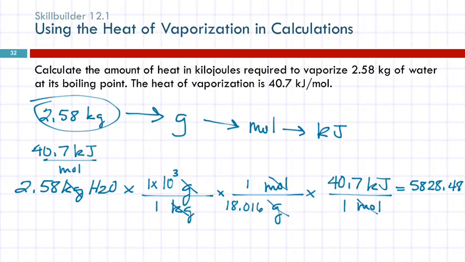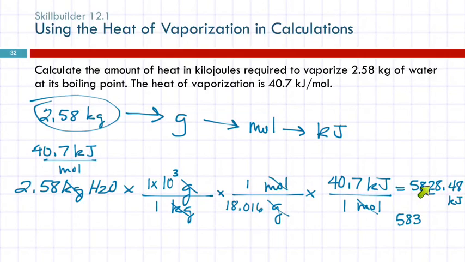5828.48. There's more digits. How many significant figures should my answer have? 3. So the 5, the 8, and the 2. So this is the 3rd sig fig. The units here are kilojoules. I look at the next digit. That's my decider. This is 8. That tells me I need to change the 2 into a 3. So I'm going to keep the 5 and the 8. I'm going to change the 2 to a 3. This decider is to the left of the decimal point.